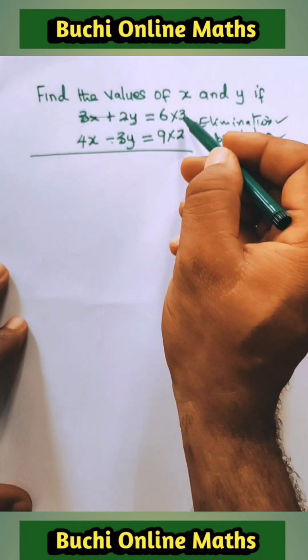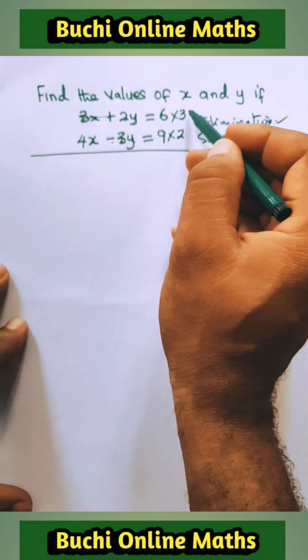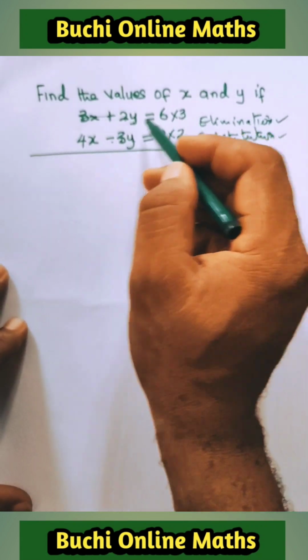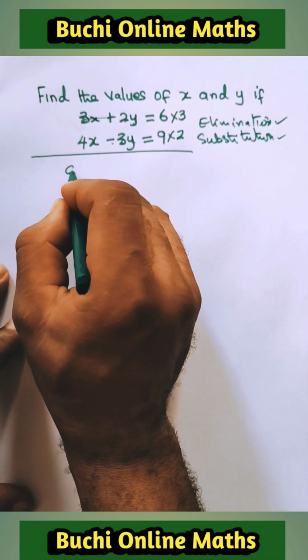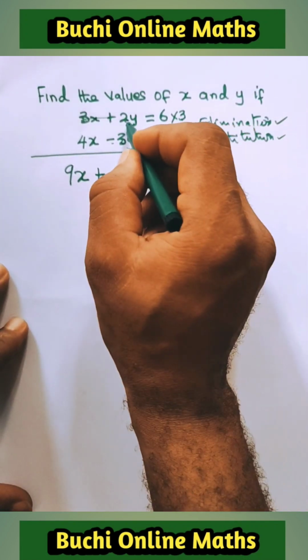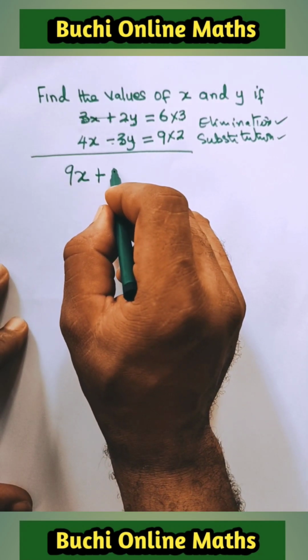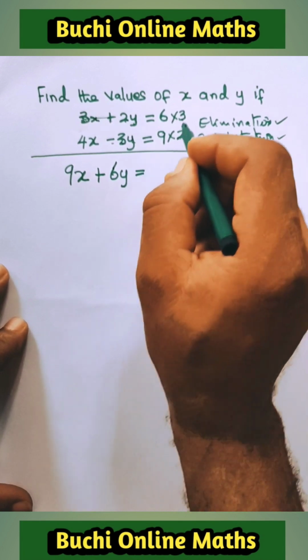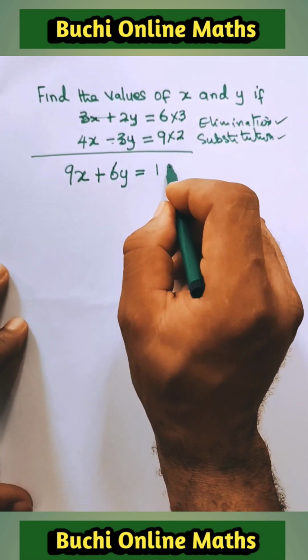So this means 3 is going to multiply everything here, and 2 is going to multiply everything here. 3 multiply 3 will give us 9x, plus 3 multiply 2y will give us 6y, equals 3 multiply 6 will give us 18.